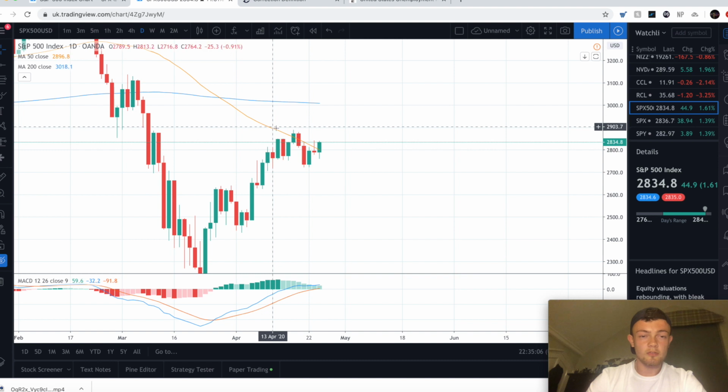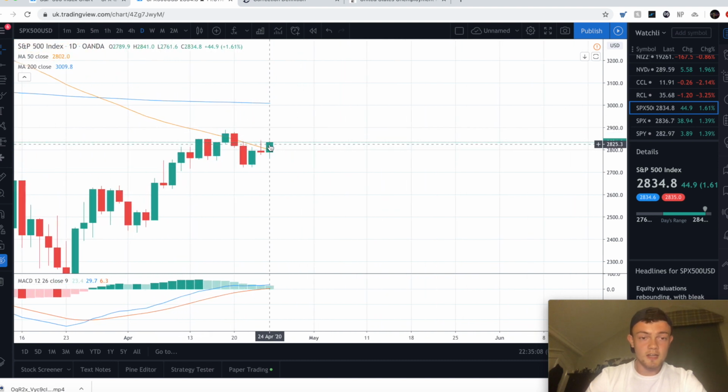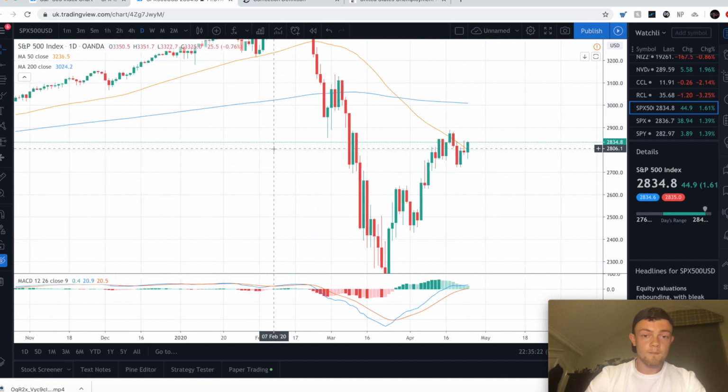is coming close to this 50 moving average, it actually crossed and closed above the 50 moving average. Now this is very bullish. So although we have broken out of this rising wedge, we have closed above the 50 moving average.